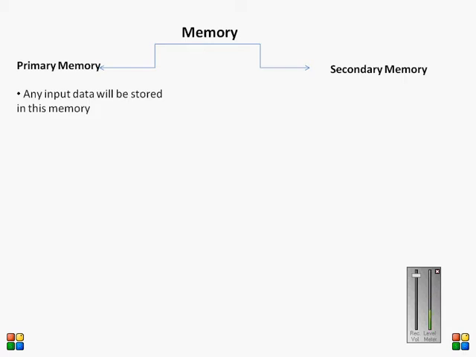The input which we have given will be stored in the primary memory, and secondary memory is used for storing data permanently. Say we save a few programs, files, songs, movies, different types of files which we store permanently is called the secondary memory.